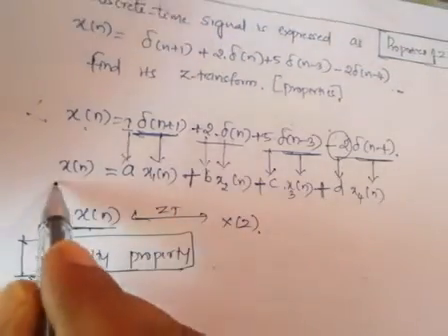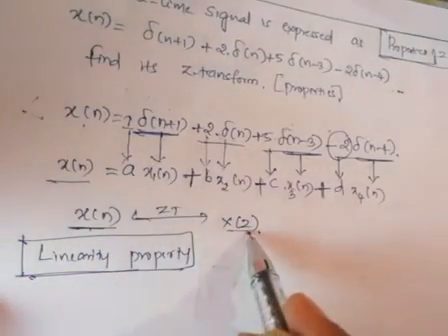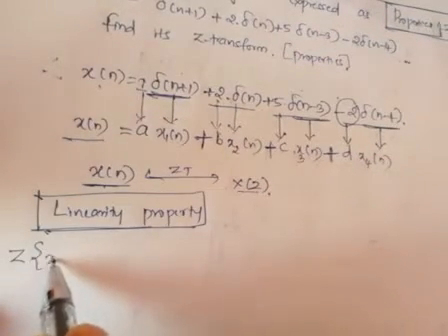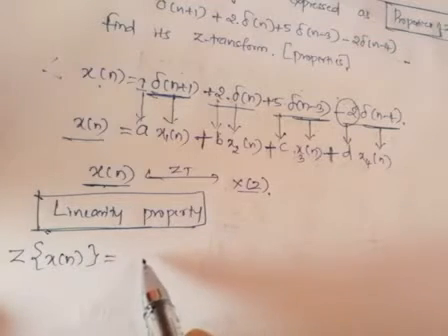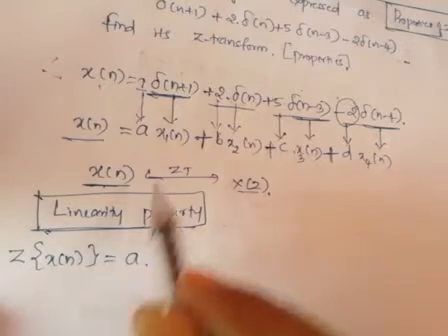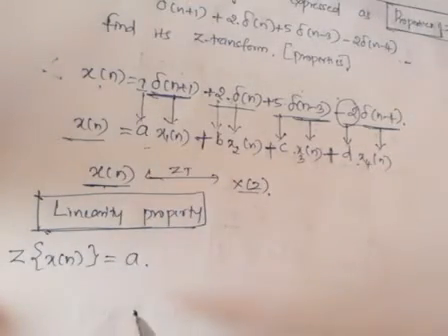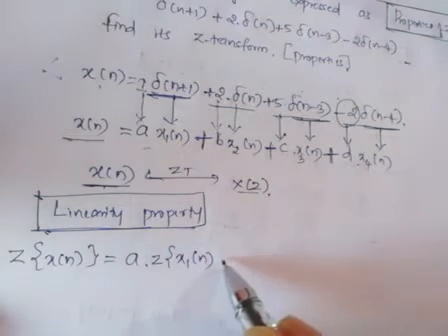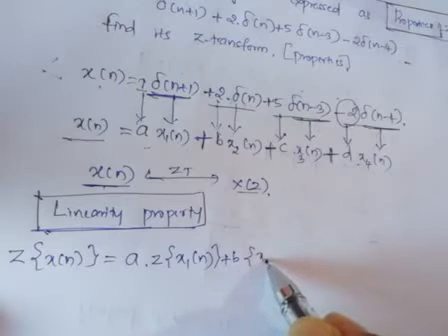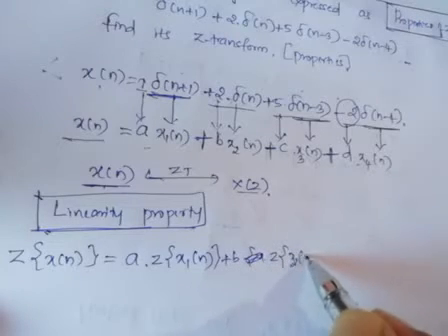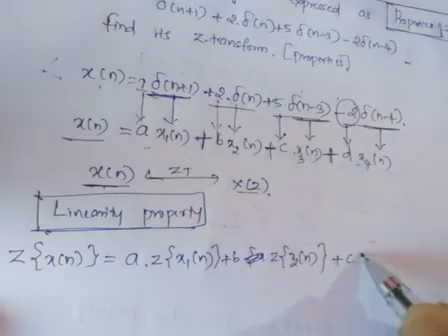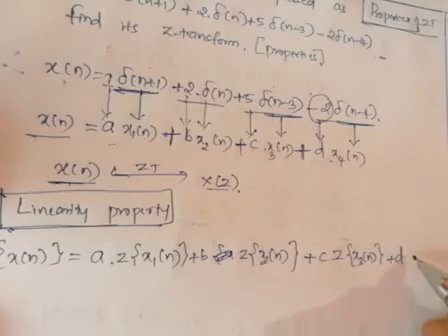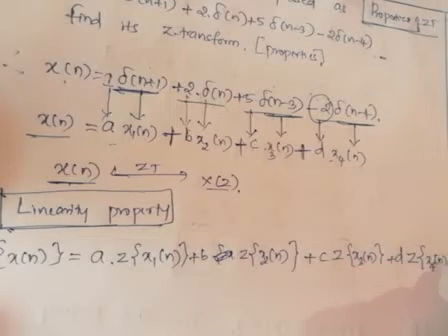Similarly, if I calculate the Z transform for x of n, we get x of z. Here we expressed it as a linear combination of four signals. So it is a into Z transform of x1 of n, plus b into Z transform of x2 of n, plus c into Z transform of x3 of n, plus d into Z transform of x4 of n.